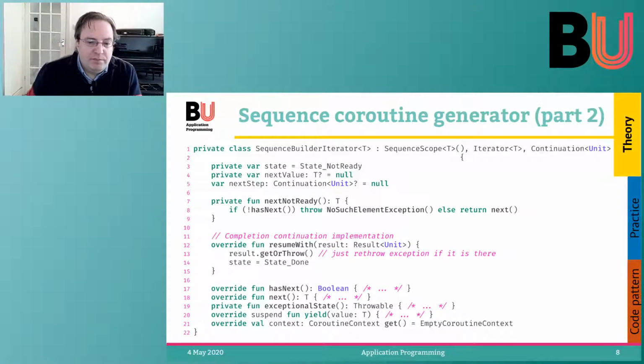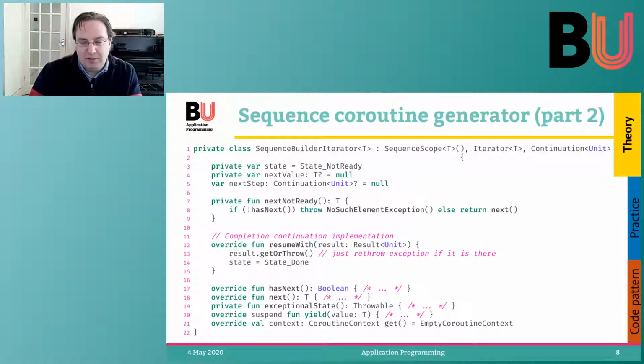So the implementation uses only a single class rather than multiple, so it inherits sequence scope with the abstract method. It implements iterator, so it has hasNext and next, and it implements the continuation interface. The continuation interface is what is needed to be able to work with these coroutines. It's a continuation that returns a unit, so the end result of this function is unit.